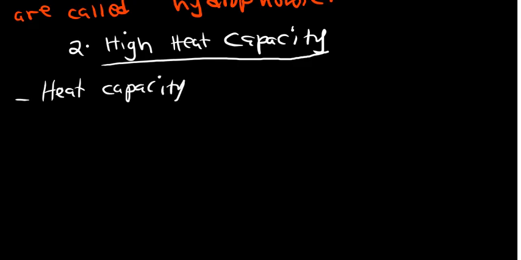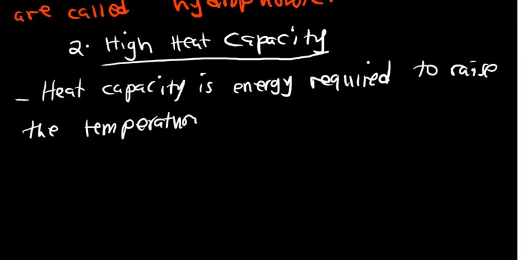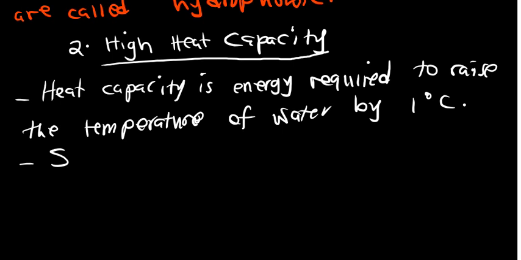Heat capacity is the amount of energy required to raise the temperature of water by 1 degree Celsius. So there's also what we call specific heat capacity.